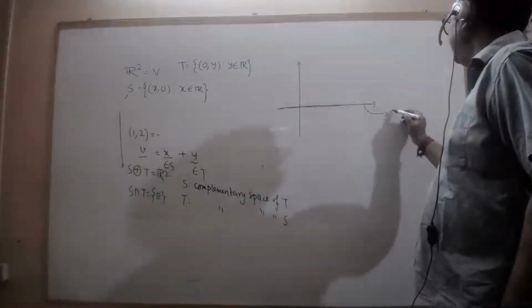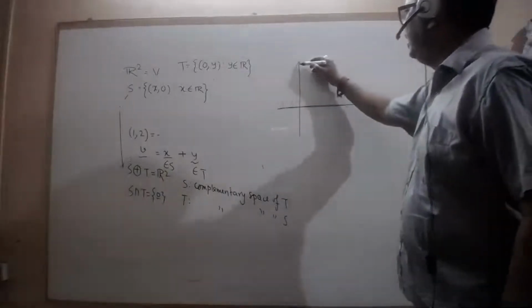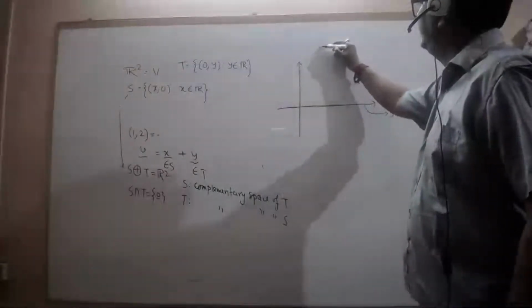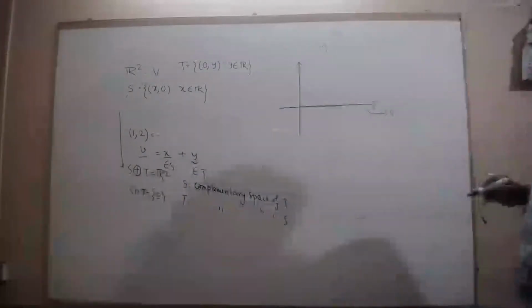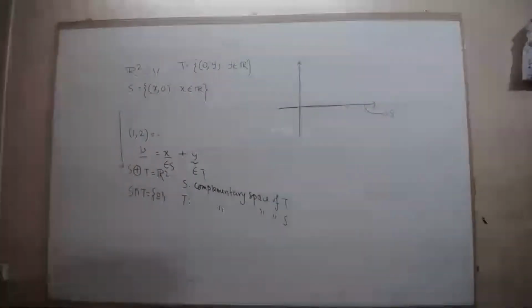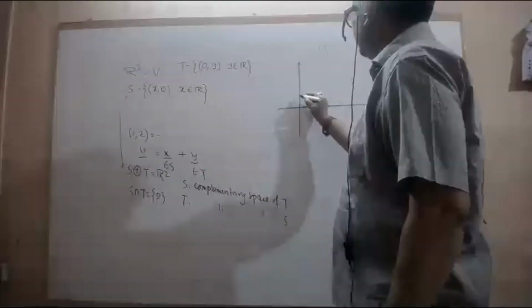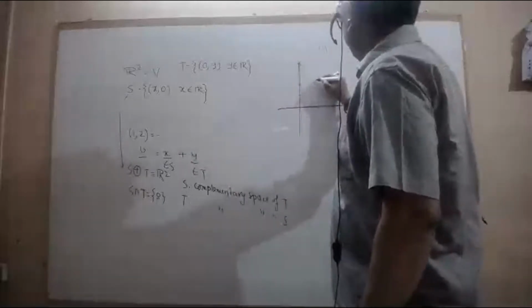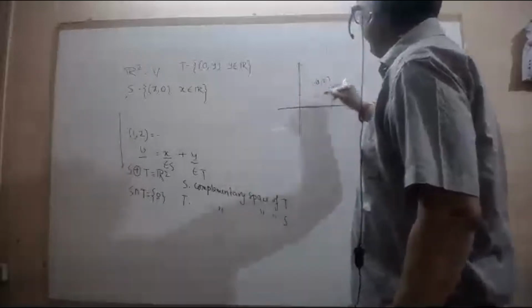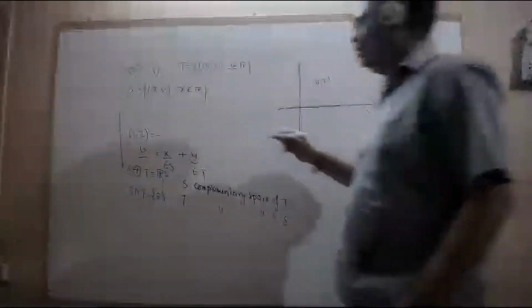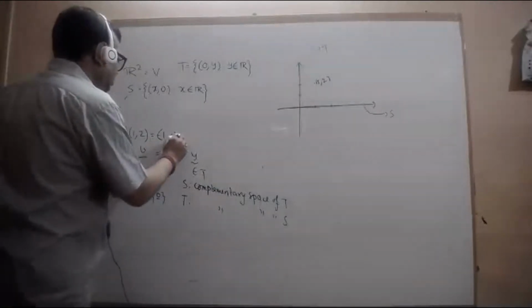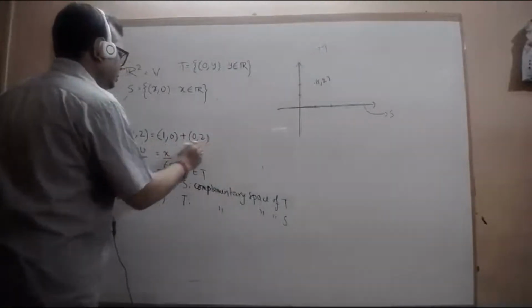This line is your S, and any point that lies on this line is your T. So if you take any vector, that is (1, 2), it is here, and you see that this is (1, 0) plus (0, 2).